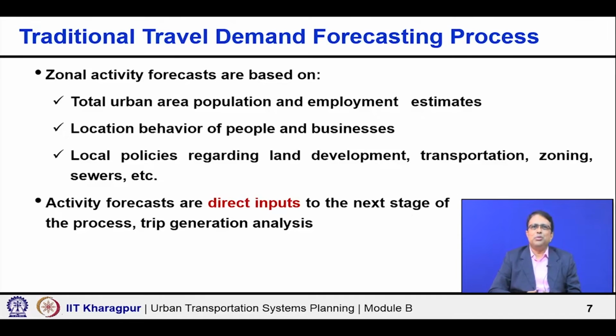So, locational behavior of people and business is important, and also the local policies regarding land development, transportation, zoning and all other kinds of urban infrastructure, right. So, how the government is trying to promote the policy.